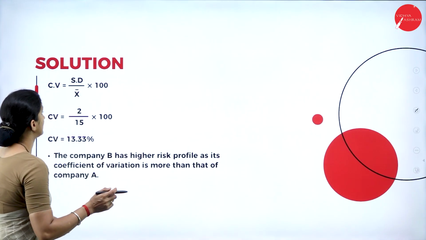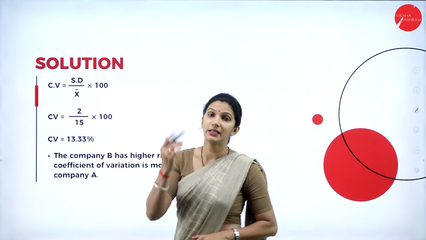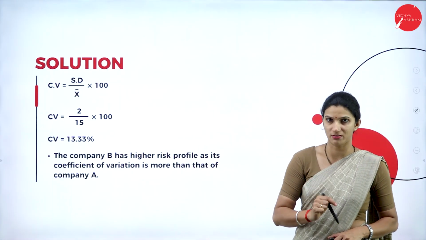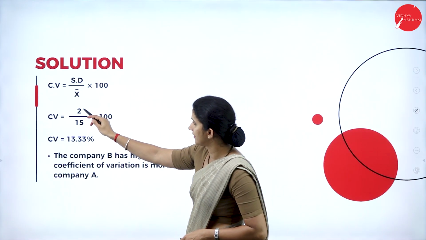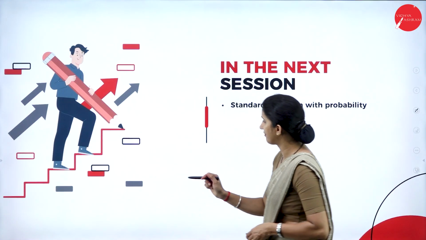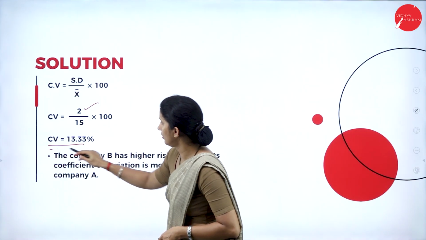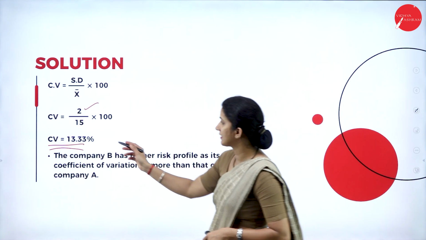Now we'll calculate the coefficient of variation for company B, that is standard deviation divided by arithmetic mean into 100. The standard deviation we have got is 2, divided by the arithmetic mean, which is 15, into 100. So 2 divided by 15 into 100 is 13.33%.